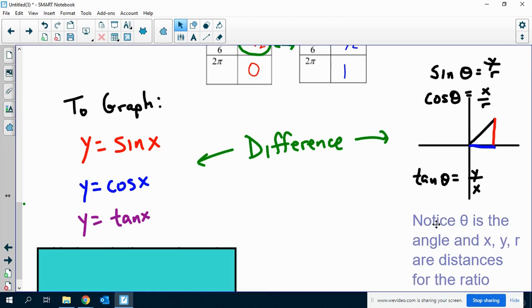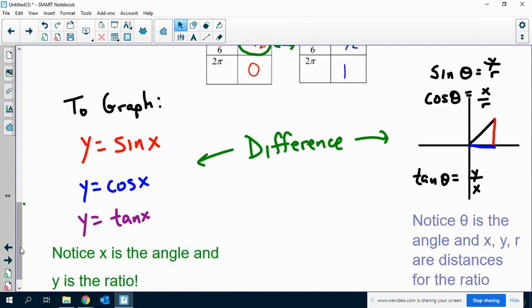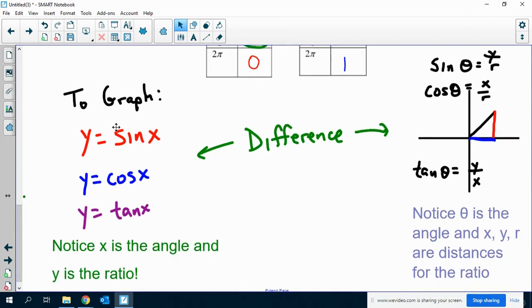So x and y in this case mean different things than they do in the functions that we're graphing, because over here, x is the angle and y is the entire ratio. That means y is a number, and x is an angle in this part of the world.